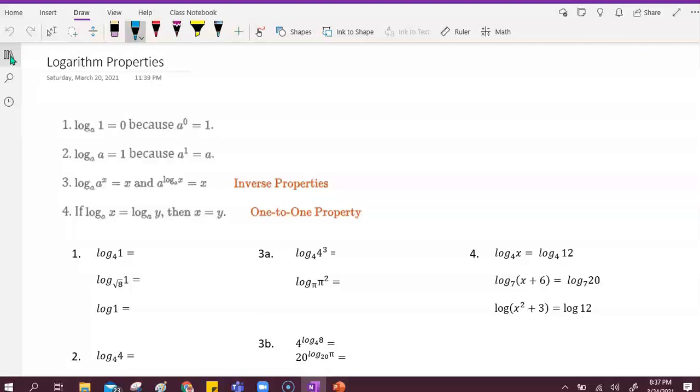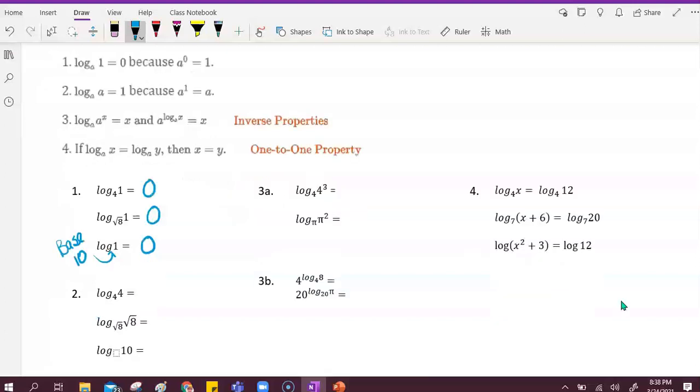So as long as I have 1 here, then it will be equal to 0. This is from property 1. So it doesn't matter what the A is, as long as it is 1 right there. This is log base 10. Recall that if we do not have a base, it is base 10.